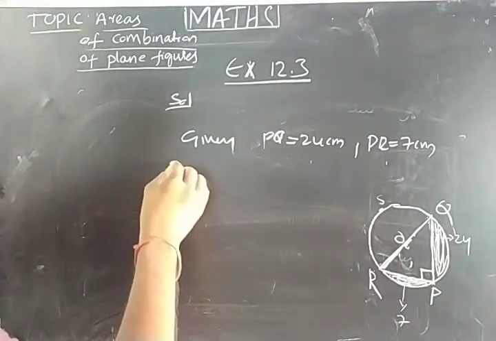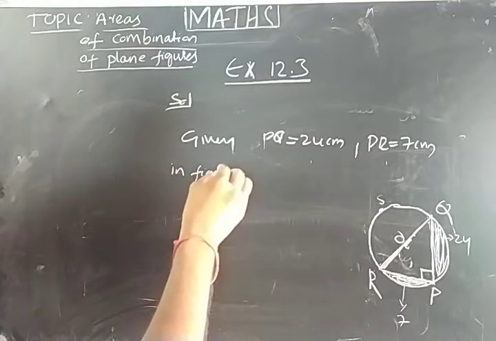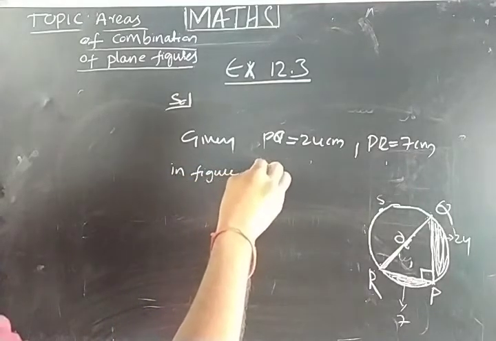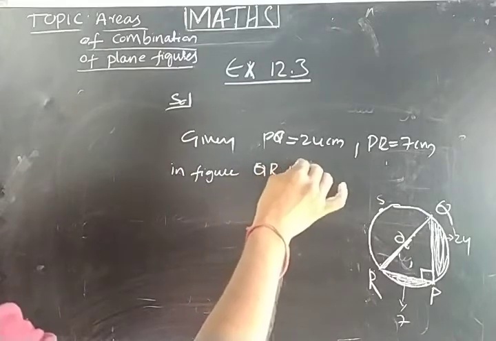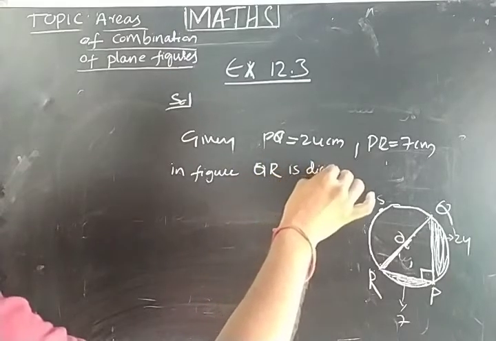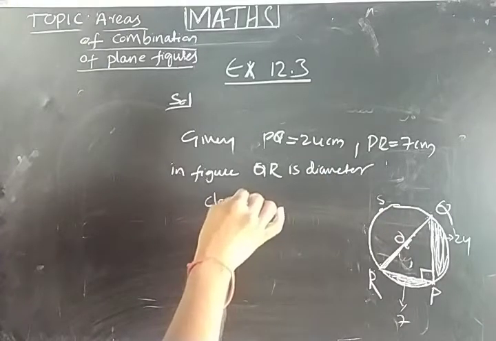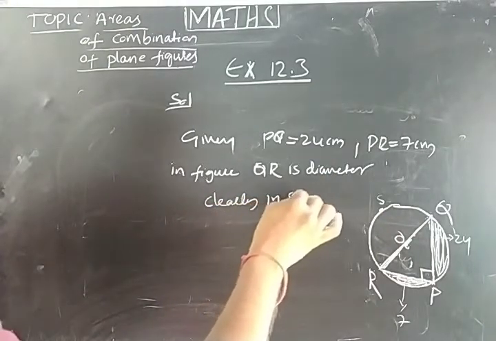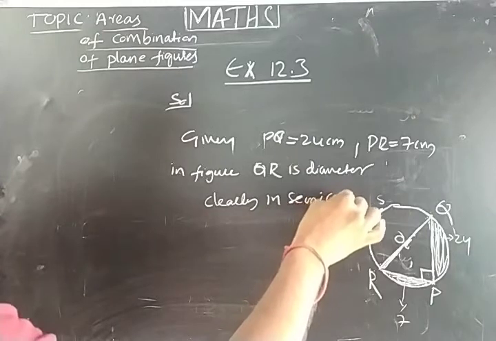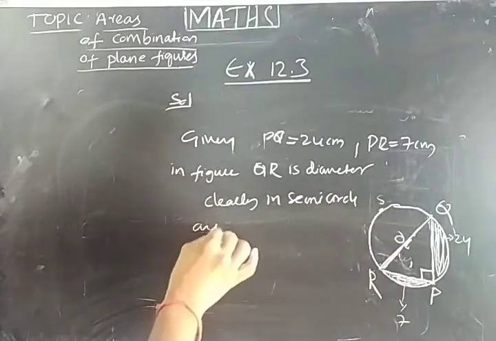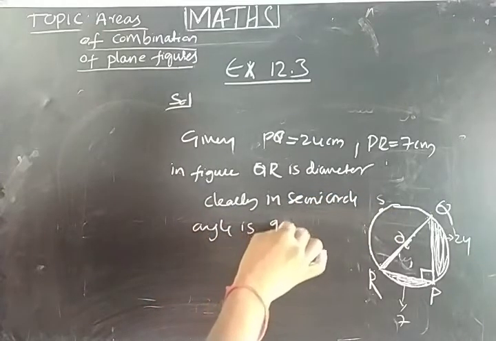And in the figure, QR is diameter. So clearly in a semicircle the angle is 90 degrees.